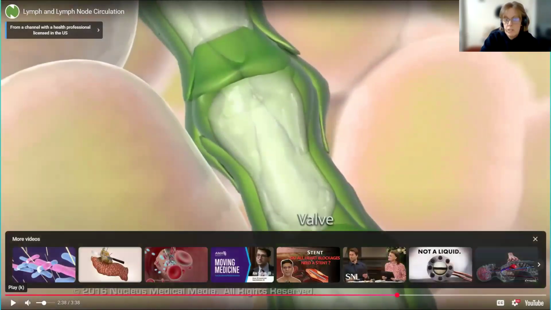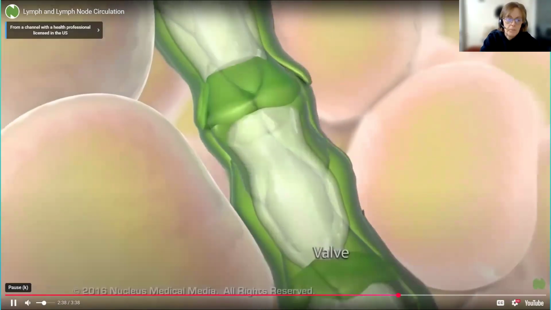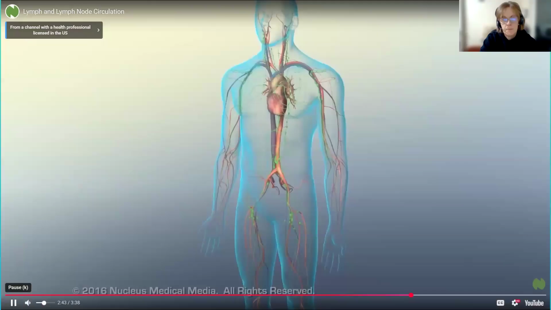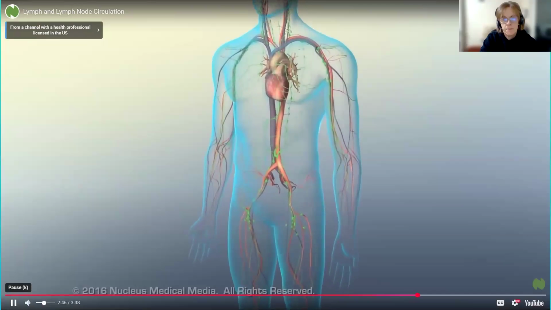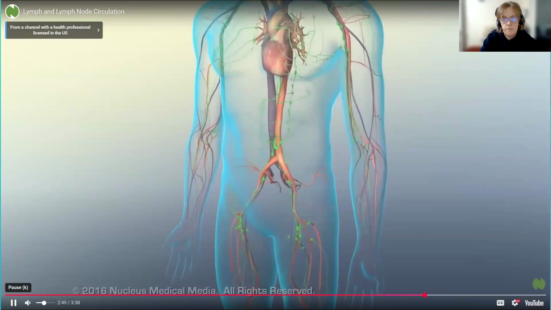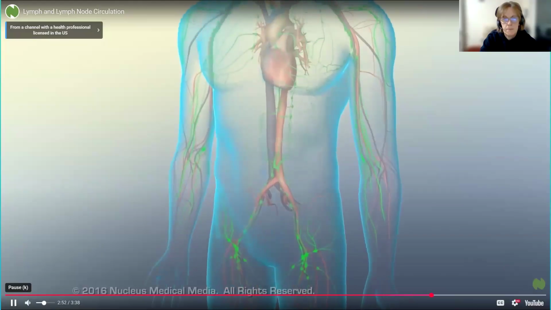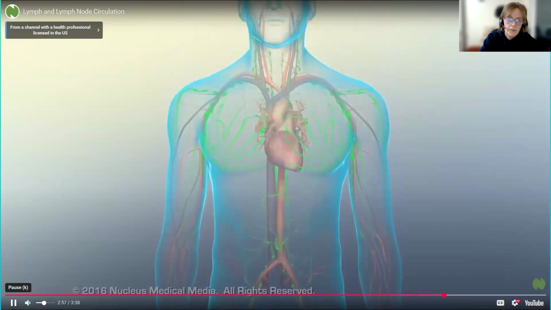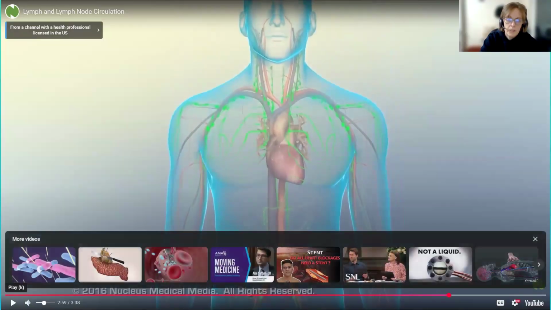There's valves in the lymph vessels that are similar to the veins. So the lymph vessels contract to push the lymph along, and then there's valves to stop it back flowing. So there you can see the larger structure of the main regions that are covered by the lymph nodes.